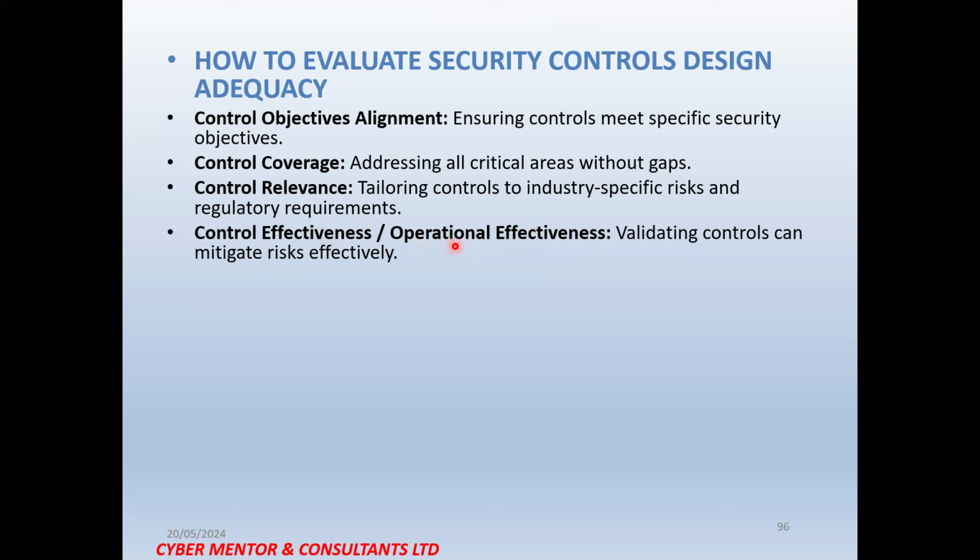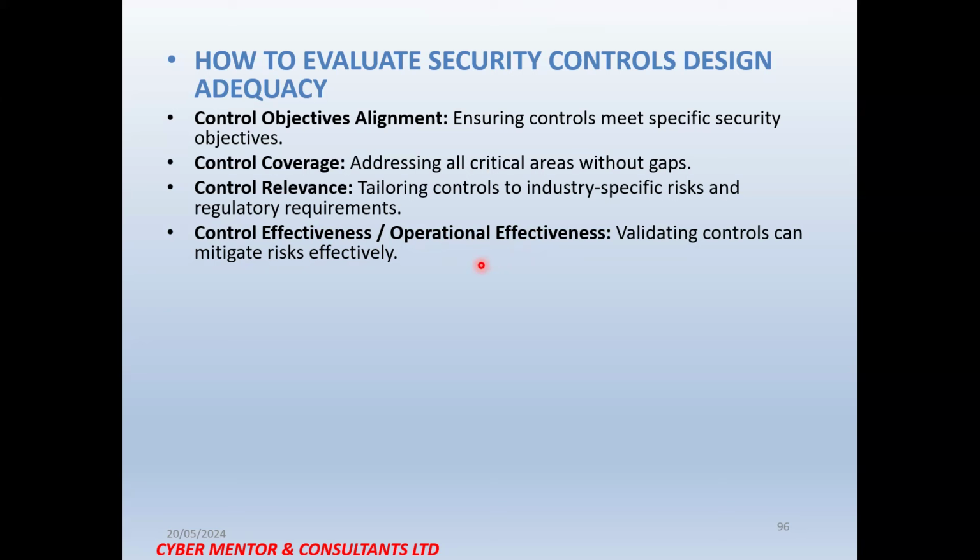What you are trying to achieve here is to determine whether the controls are mitigating risk effectively. Because when we say a control is working fine, but is it effective? Is it total? Is it complete?